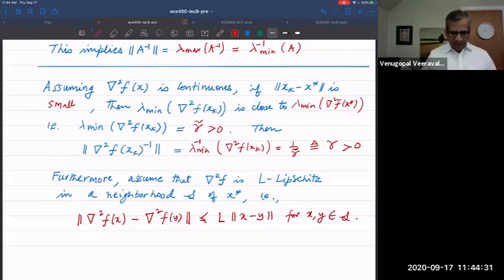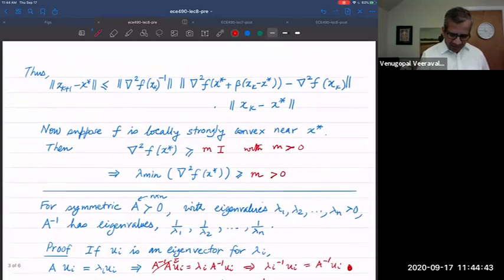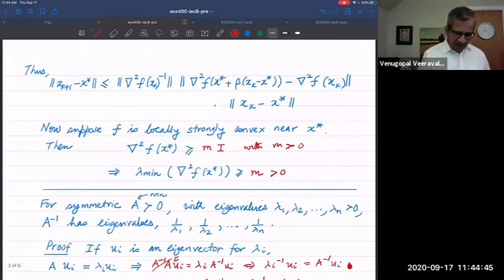So what we basically assumed are two things in order to bound this. We assume that in the neighborhood of x star, the Hessian is L-Lipschitz, and in the neighborhood of x star, f is strongly convex, so the Hessian is lower bounded by mI.